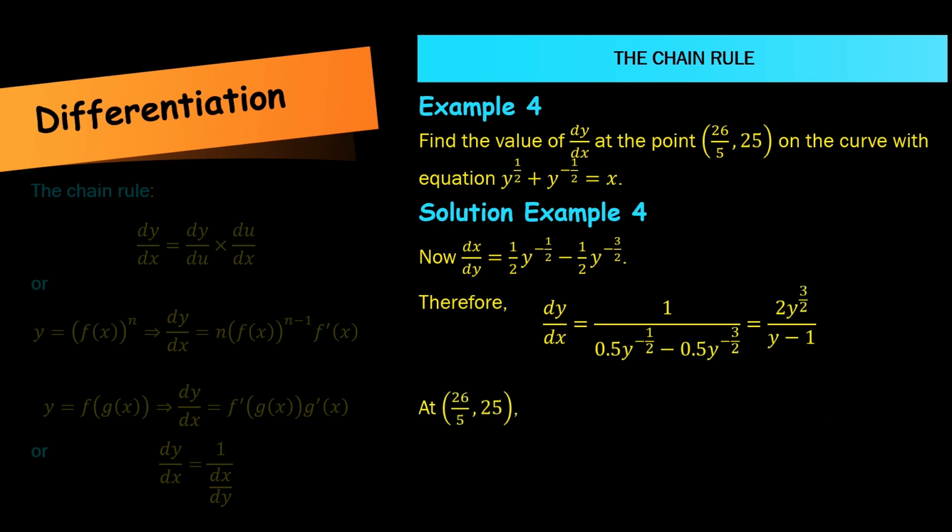We are trying to find the value of dy dx at the point 26 over 5, 25. So we need to plug in the value y equals 25 into the expression for dy dx as shown here.